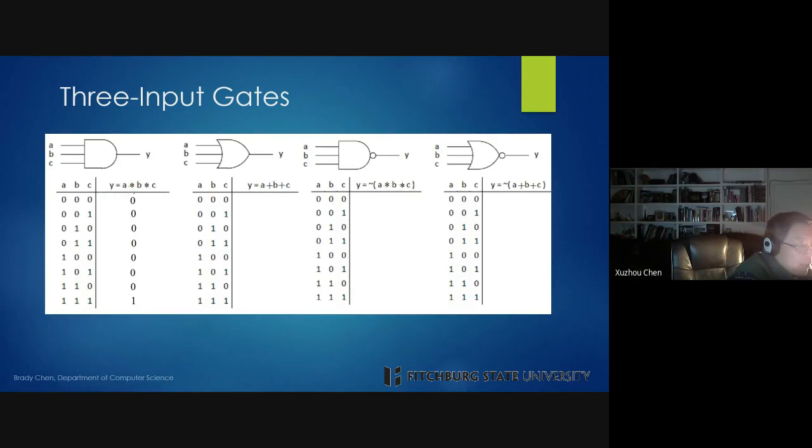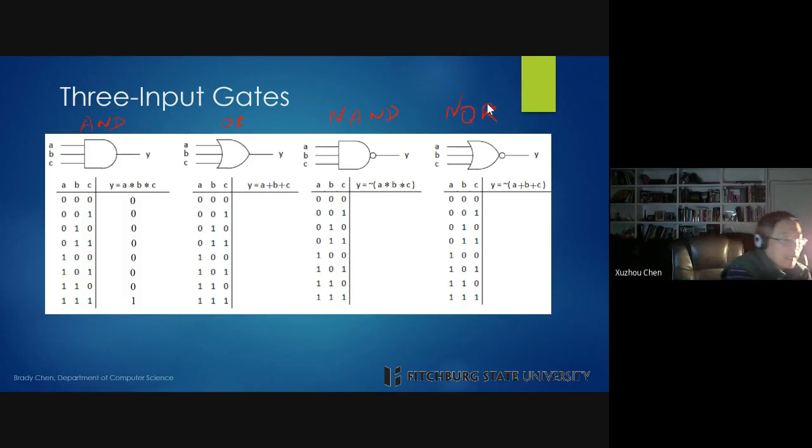So this is the 3-input AND gate, that's the OR gate, that's NAND, and that's NOR.